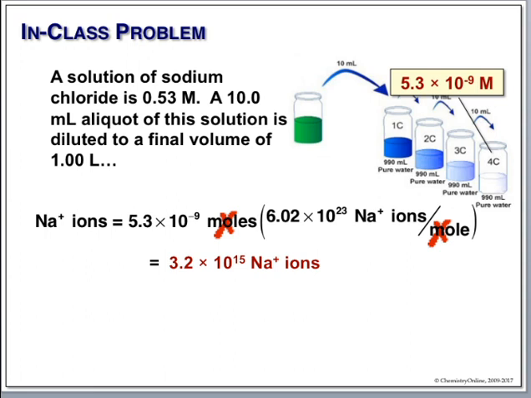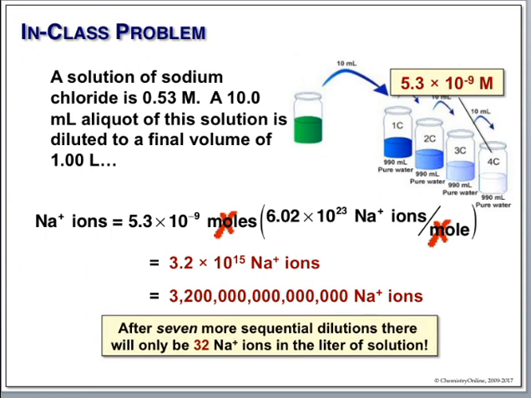We can cut this solution down after 7 more dilutions so that there are 32 sodium ions in our liter. Isn't that astounding? And you still pay 20 bucks for it. Any questions?